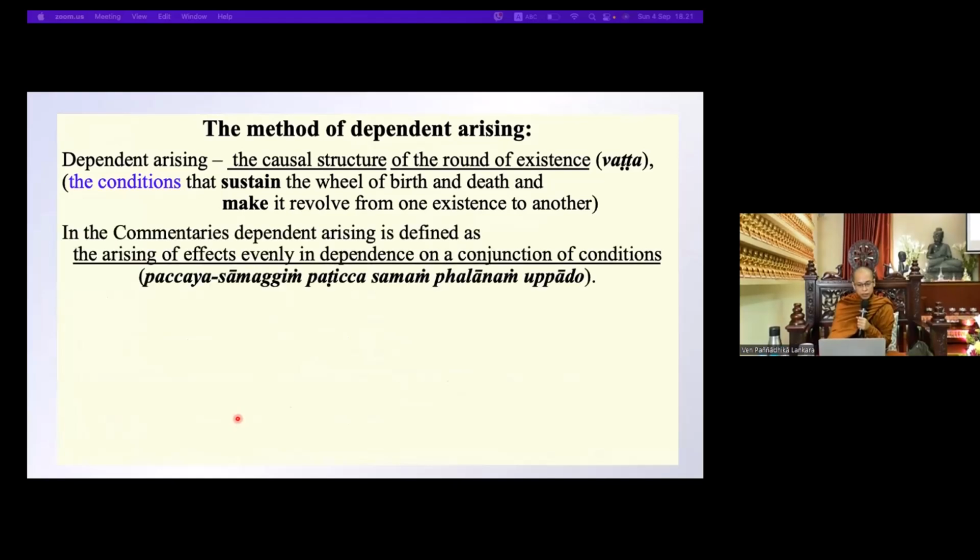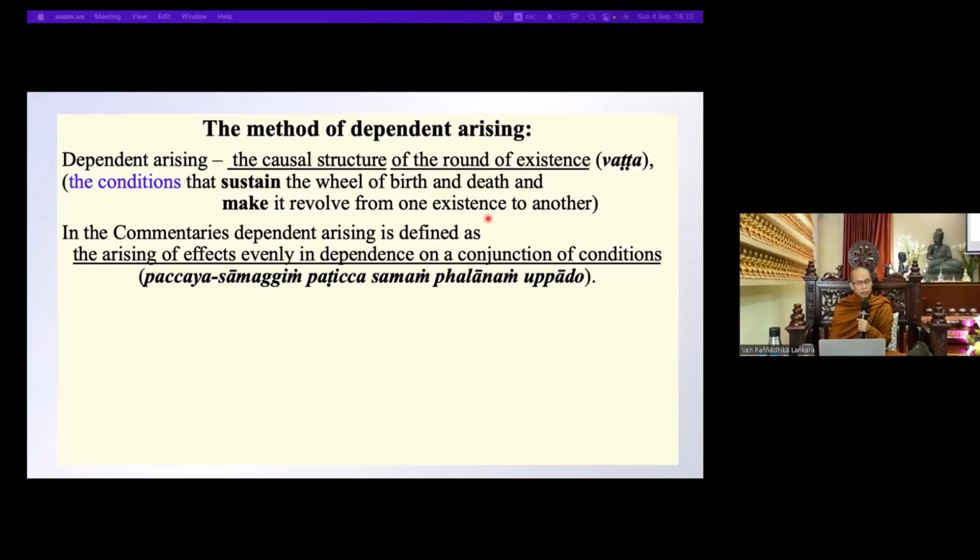here the method of dependent arising, paticca samuppada, mentions the causal structure of the round of existence, which is called vata. If the condition exists, that condition sustains the wheel of rebirth and death.